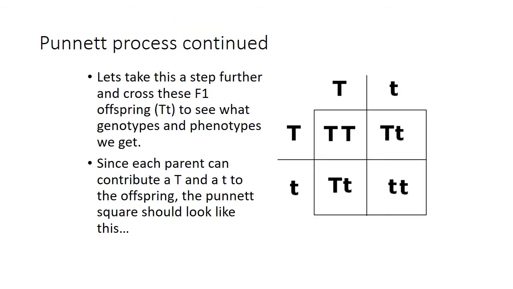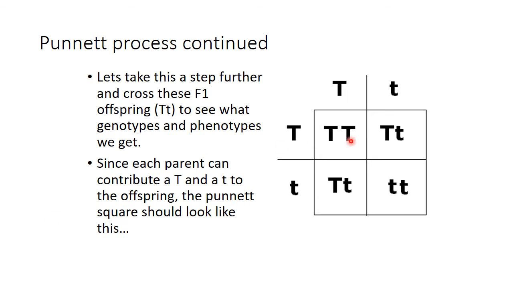We're going to take this a step further and cross the F1 offspring. We separate the alleles, a big T on this first column, a little t on this second column, a big T on this first row, a little t on this other row. Since each parent can contribute a big T and a little t, our Punnett square will look like this.